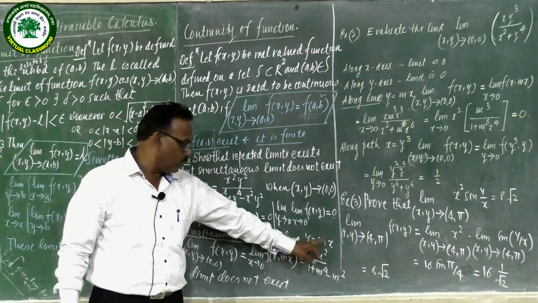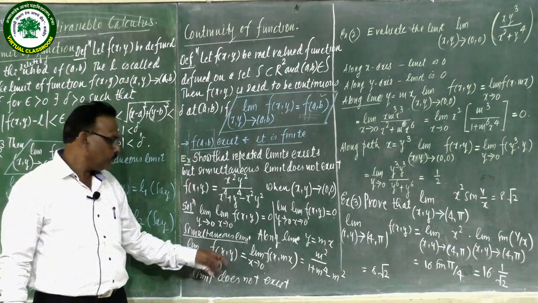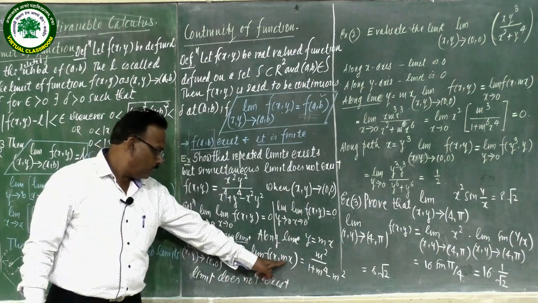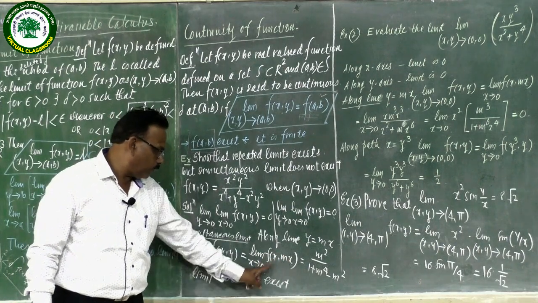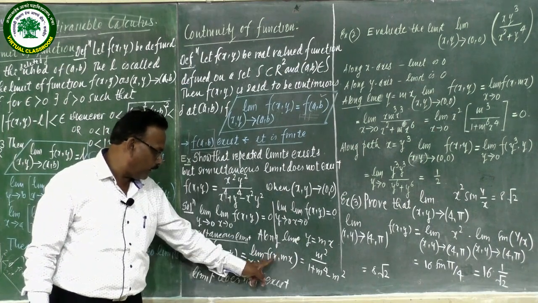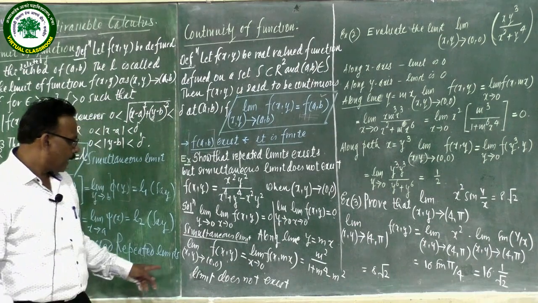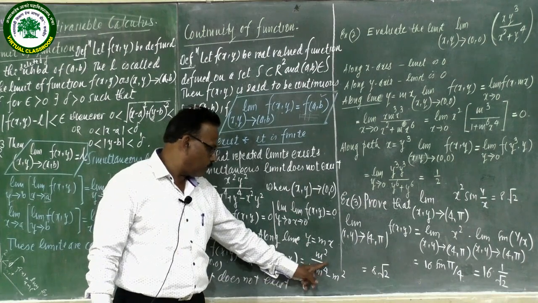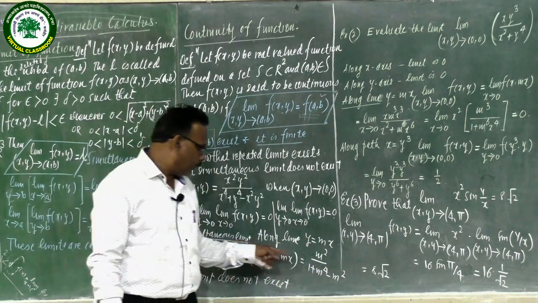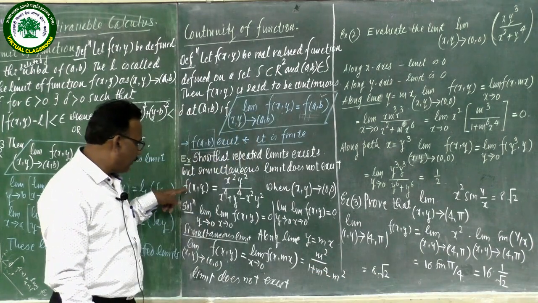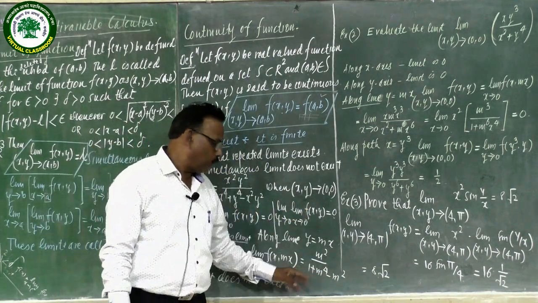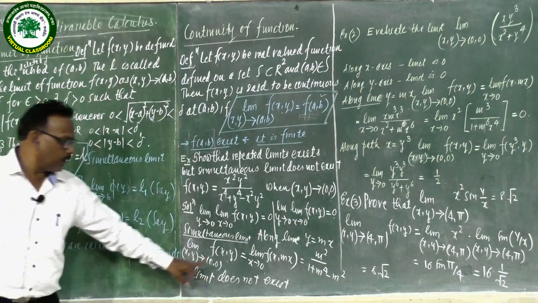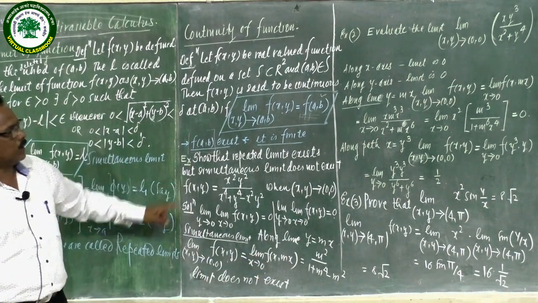Therefore, substitute y equals mx. The function becomes a function of x only, with m constant, and this limit exists, equal to m² upon 1 plus m⁴ minus m². The value of the limit depends upon this m. In the repeated limit, the value of the limit is 0. Therefore, the limit has two different values, so the limit does not exist for this function f(x, y).